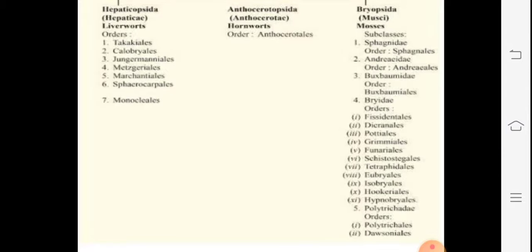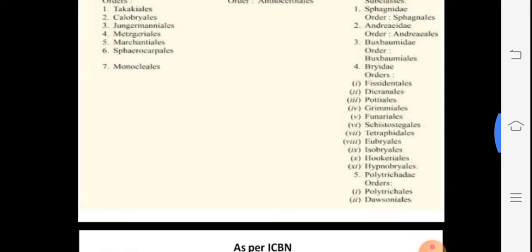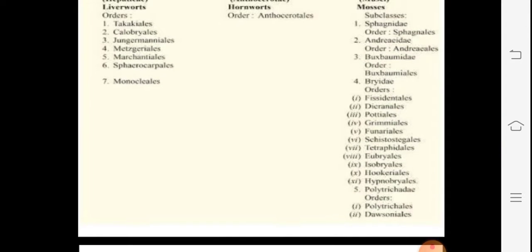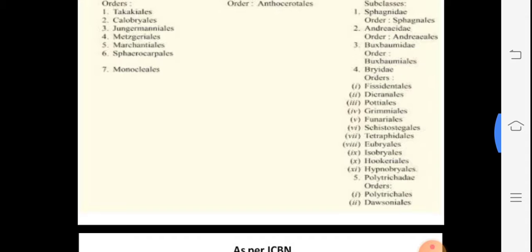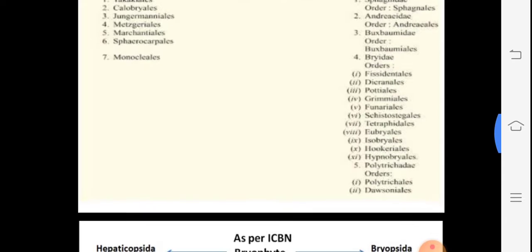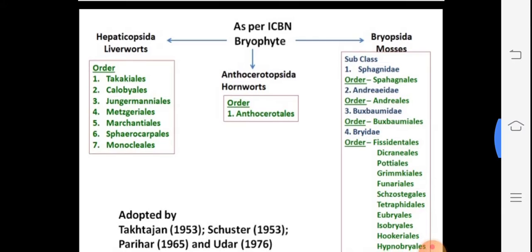In Bryopsida, it is divided into Sphagnidae, Sphagnum, Andreaeidae, Andreaea, Buxbaumiidae, Bryidae, and Bryidae is the largest moss class. Generally it shows many orders, Fissidentales, Dicranales, because they have specific changes. Very interesting changes here at the capsule sporophyte level.